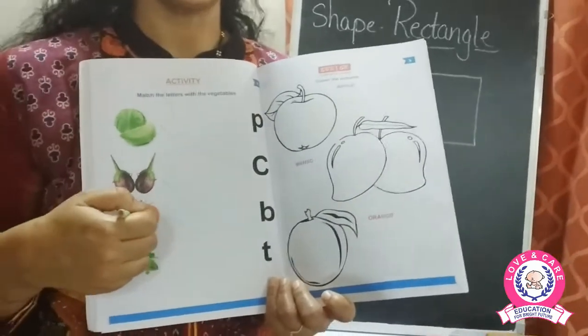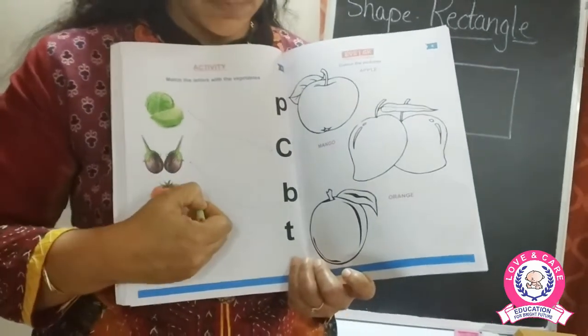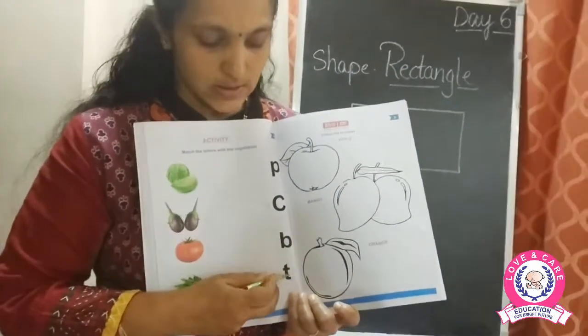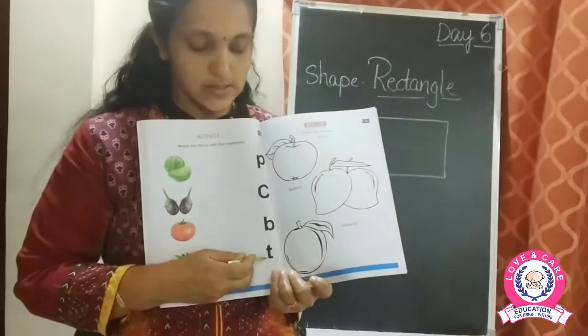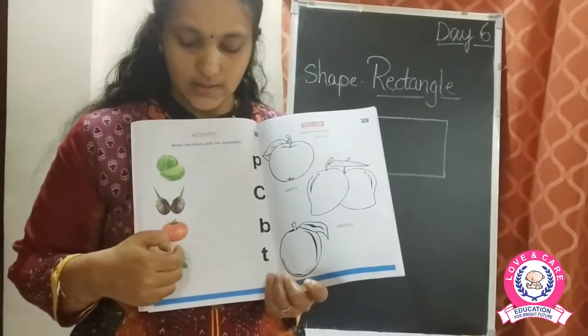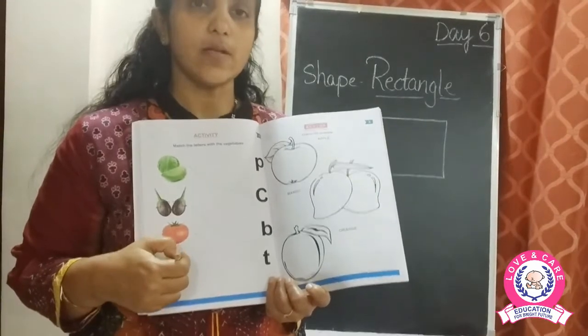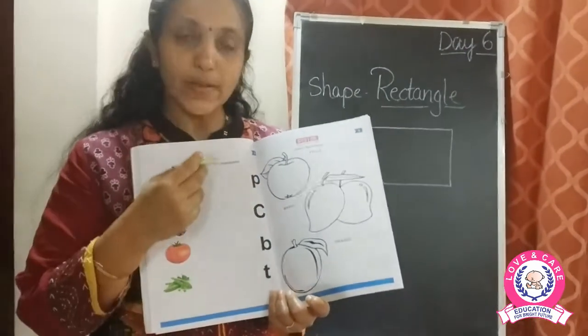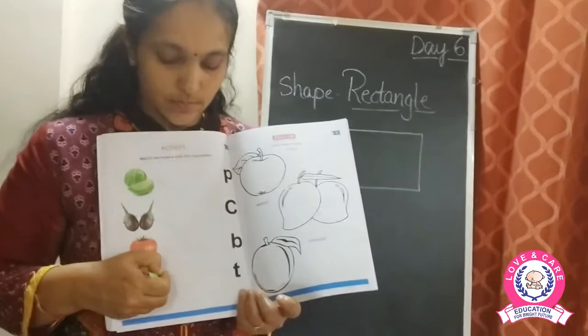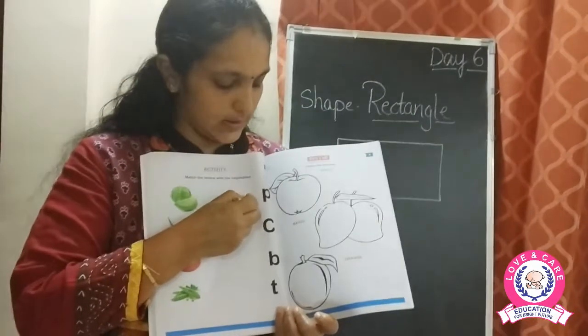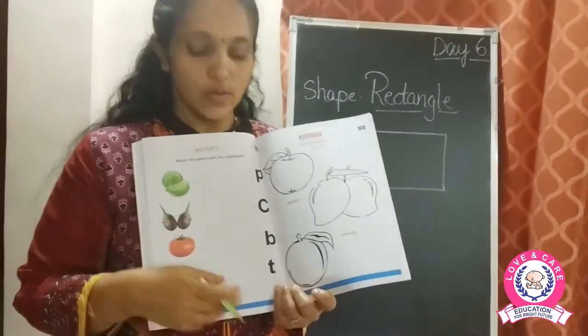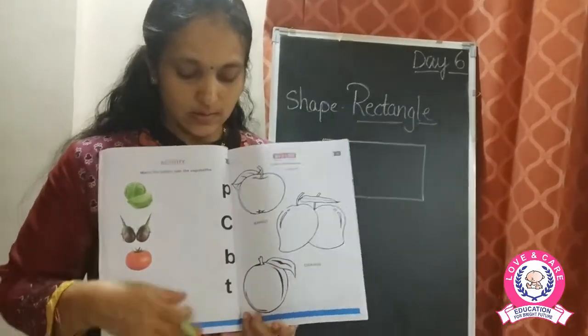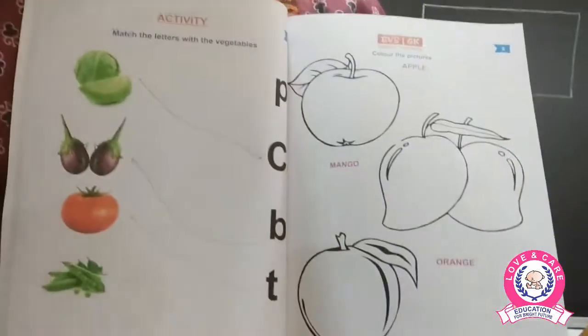So now T means T. So you have to match the picture of tomato with the letter T. This is the small letter T. Now the next is the peas, green peas. So it starts with the letter P. So you have to match green peas with the letter P. So here we have finished matching the letters with the vegetable name.